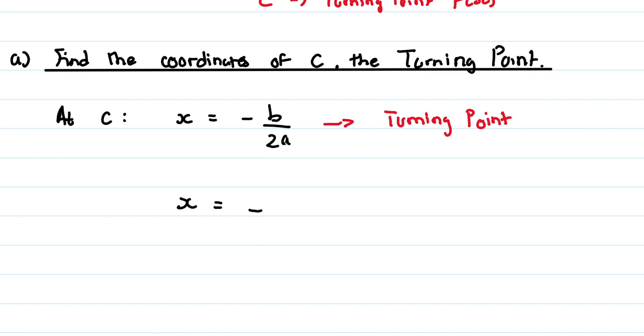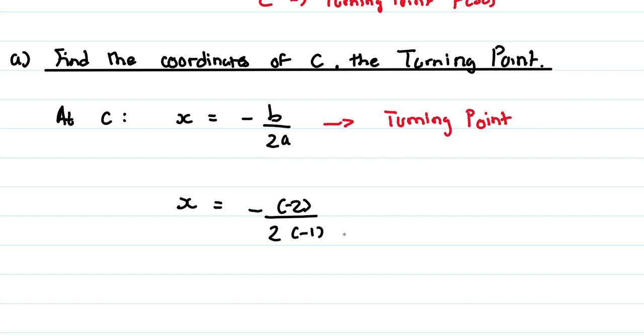So we have a negative, and then what was our b value? It was negative 2, sorry. So we have negative negative 2 over 2 times a, which is negative 1.